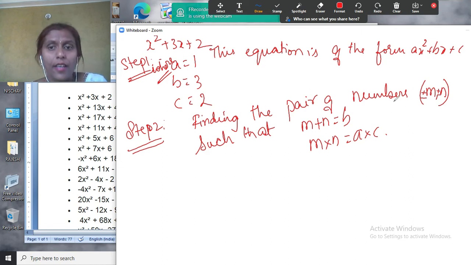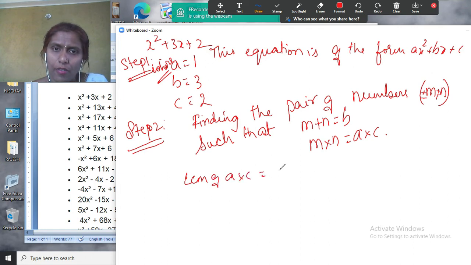So m plus n is b. It can be of course m plus n is equal to b, or minus m minus n is equal to b, or minus m plus n, or m minus n, any combinations, but we want the answer as what is there in the given equation. That is step 2. Now therefore for that take the LCM of a into c, which is 1 into 2, is equal to 2.